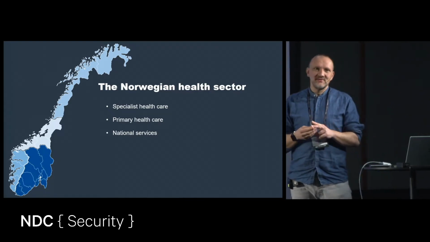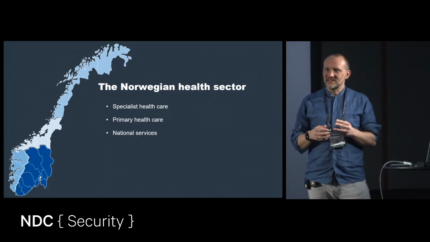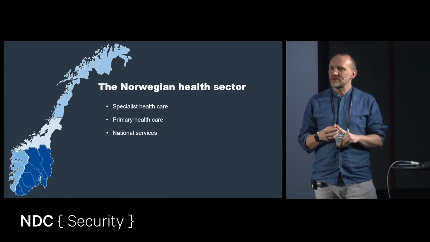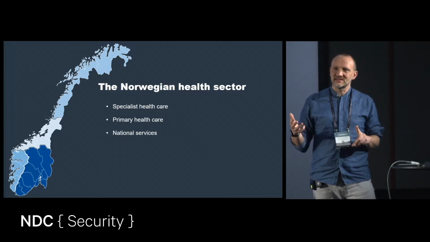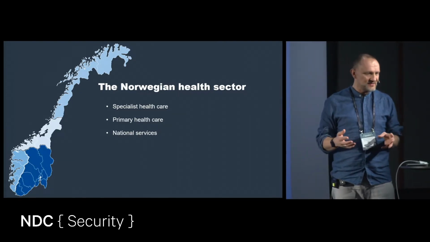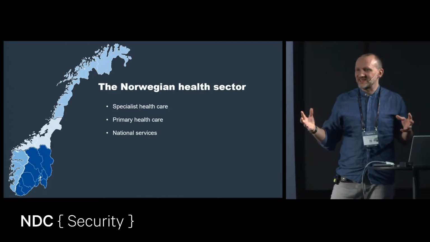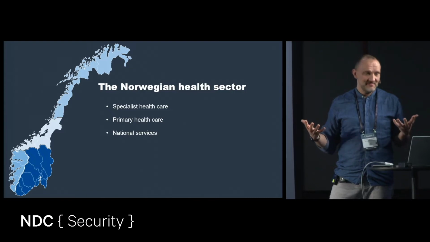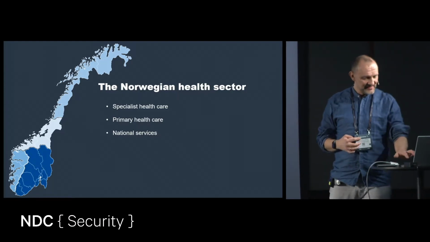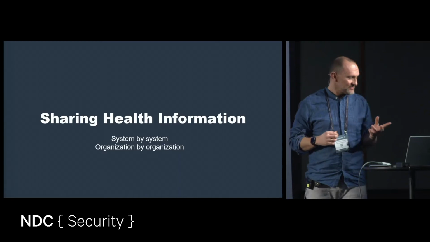Each and every organization in this ecosystem can choose their own software, whatever they want to use, as long as it supports the requirements that are set. So you understand, this is a mess, basically. And that's what we have to handle.